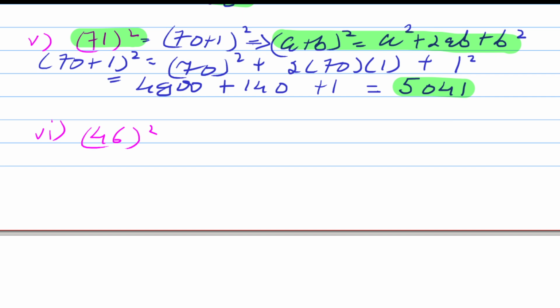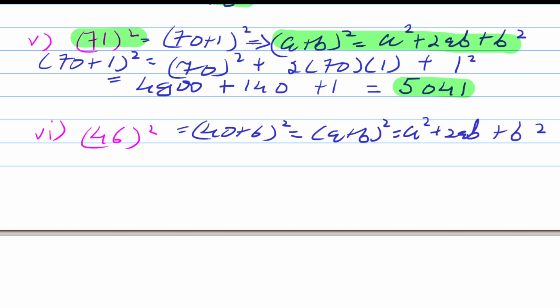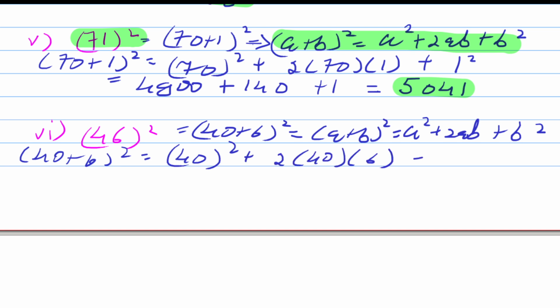Last question. 40 plus 6 whole square, a plus b whole square, a square plus 2ab plus b square. 40 plus 6 whole square is 40 square plus 2 into 40 into 6 plus 6 square.